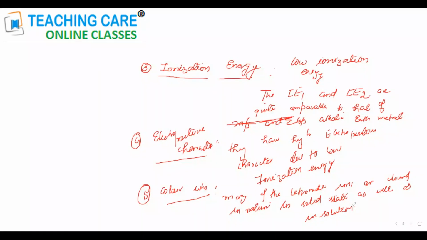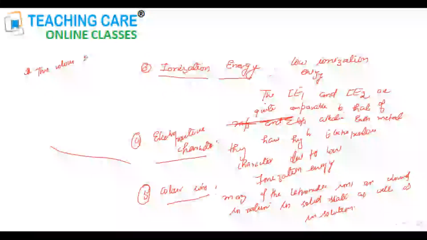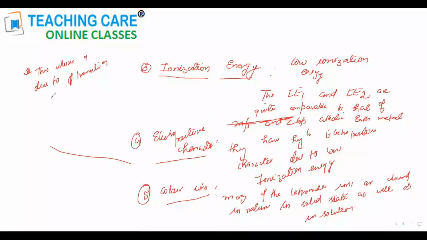The color is attributed to f-f transition. This color is due to the transition of f electrons among themselves, among f orbitals.